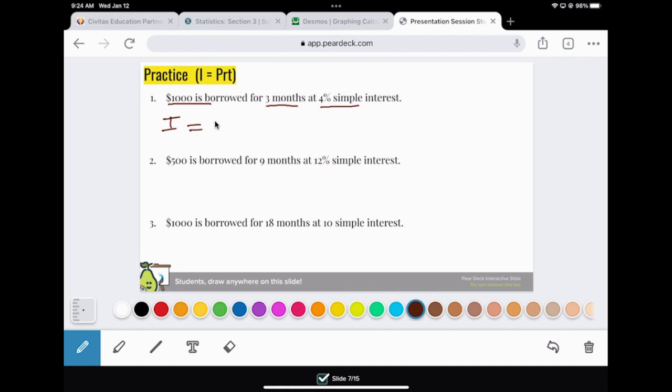All right, so in here, we need to recognize because I'm going to find a simple interest. So P is the amount of money that I borrow. T is the time, and R is the percent, but instead of 4%, I need to convert it to decimal. That means 4 divided by 100, so that gives you 0.04, and that's the one that I'm going to use.